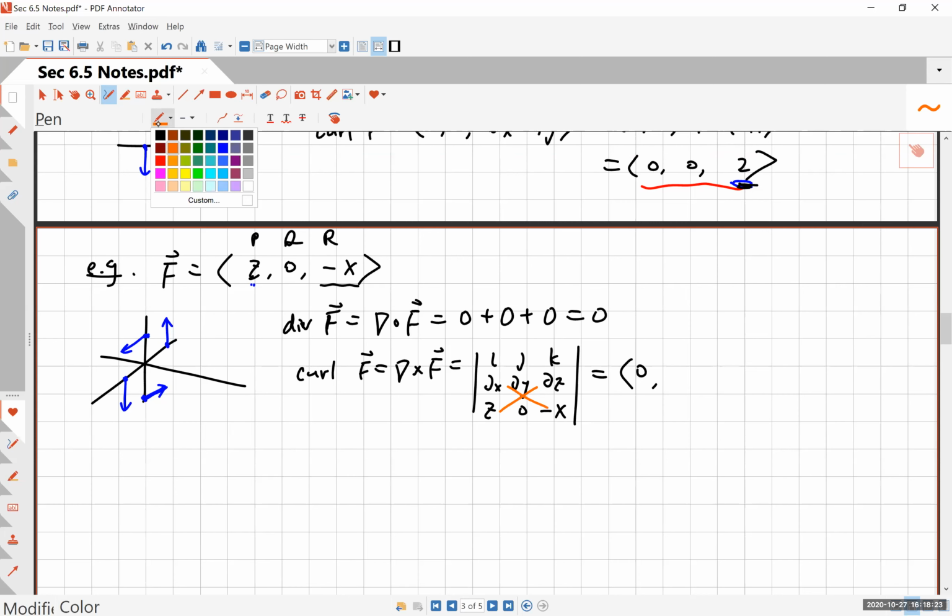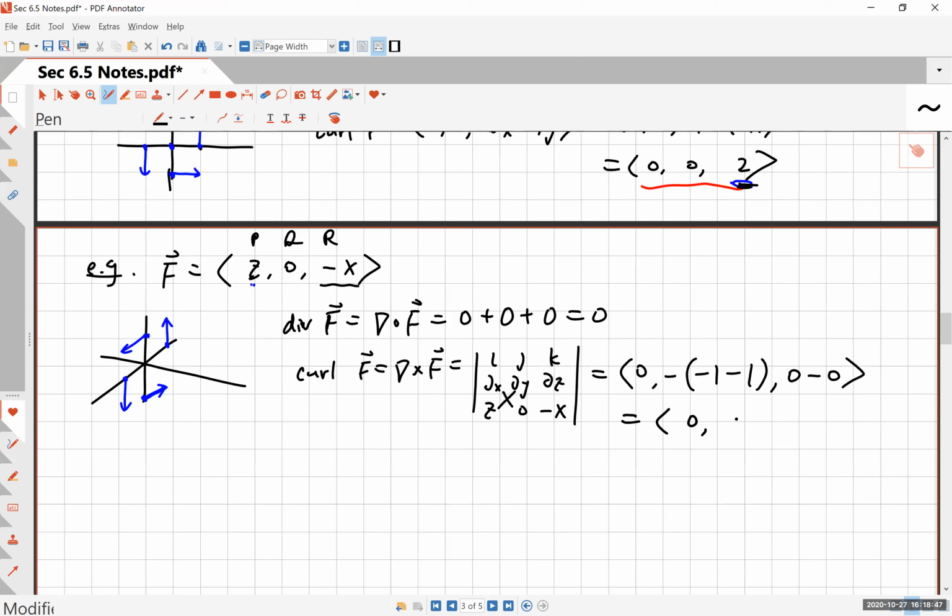So I'm going to put minus, and then that's negative 1, okay? And then minus the partial of z with respect to z, that's also 1, okay? And then the last one will be this minus that. So 0 with respect to x is 0, and then partial of z with respect to y is also 0. So what happens is this will be 0, 2, 0, okay?